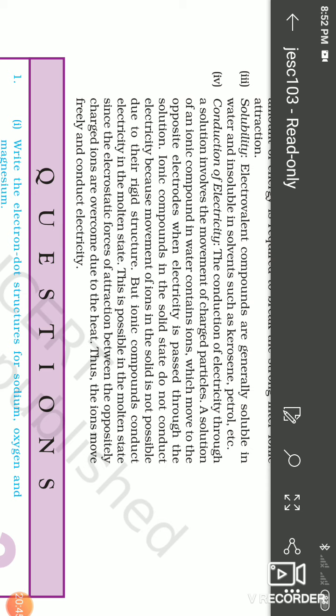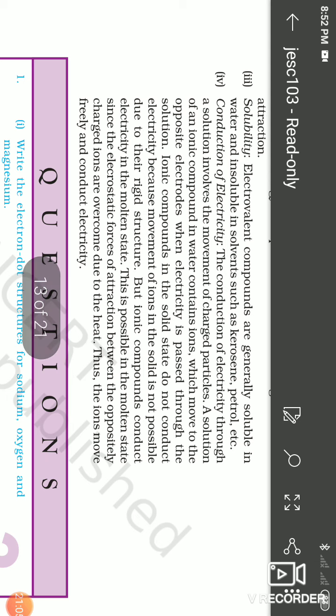The dissolved ions in an aqueous solution of an ionic compound conduct electricity very fast and freely. The ions move from positive to negative and negative to positive on passing an electric current through the solution.